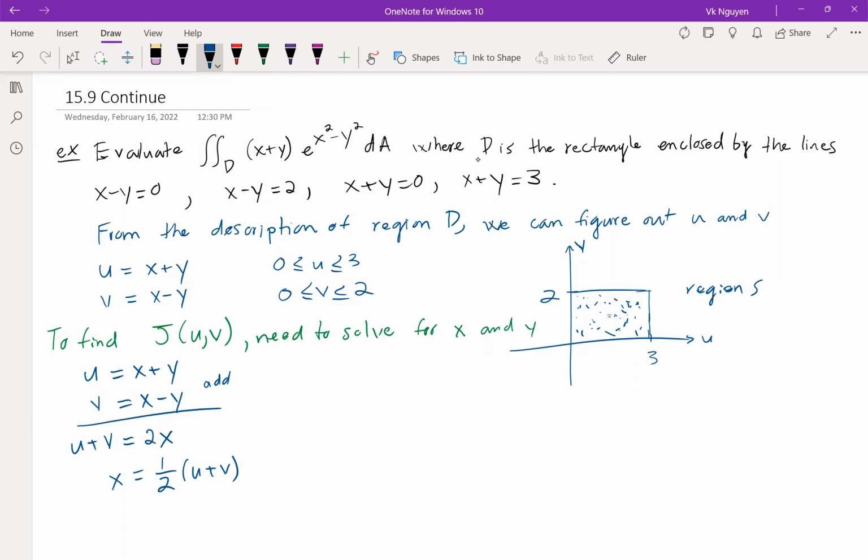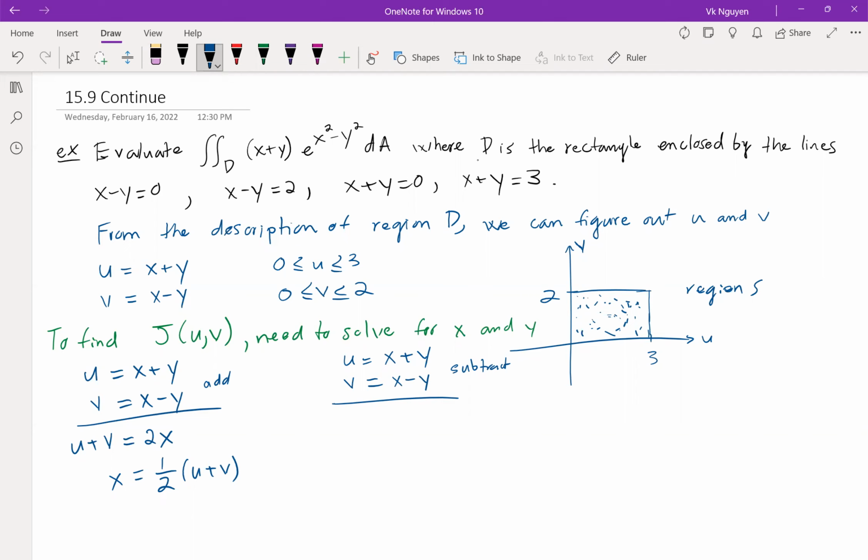Okay. For the other one, I'll do the same thing here. U equal x plus y, v equal x minus y. So instead of adding, I'm gonna be subtracting. It's completely okay to subtract if you don't like adding, because subtracting is just adding a multiple of negative 1.